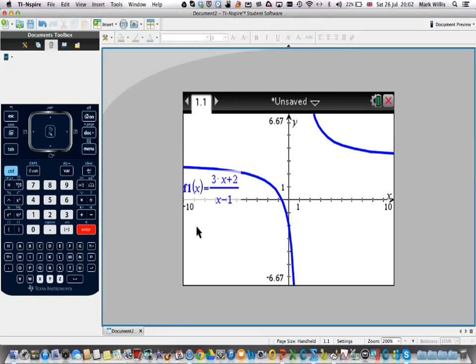Enter, and then we can see the graph of the function. We can see here there's some value at 1 where the function does not have a value, and we can see here at y is equal to 3 also there will be a line which the graph will not be equal to. These are called asymptotes.